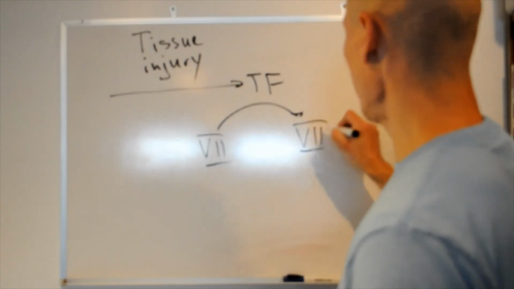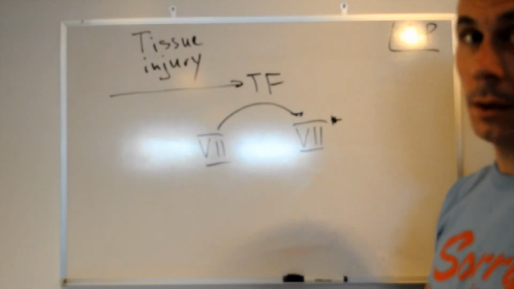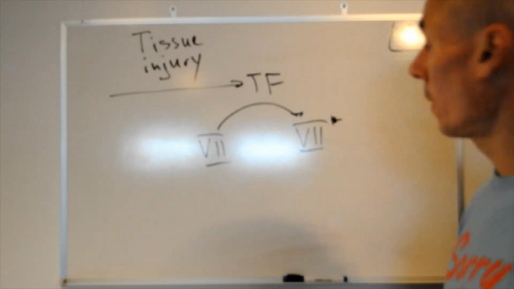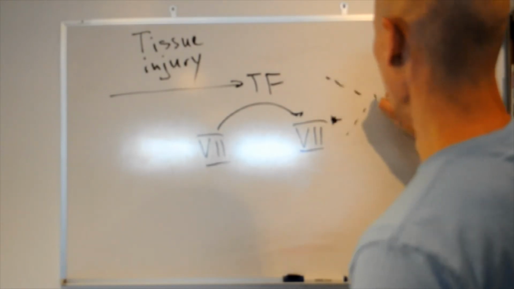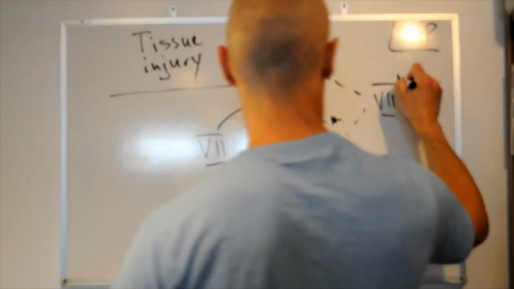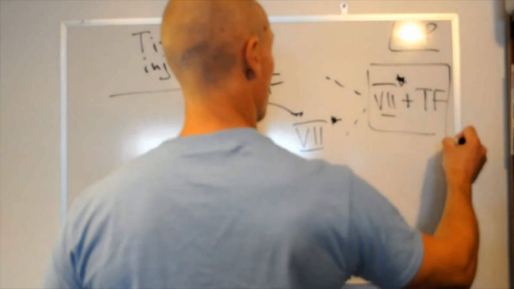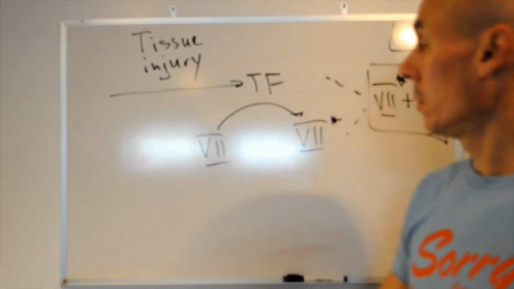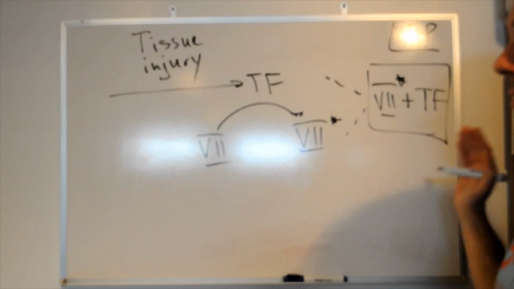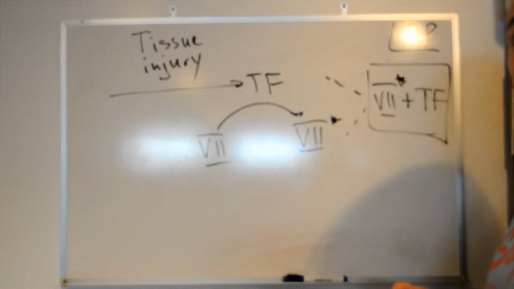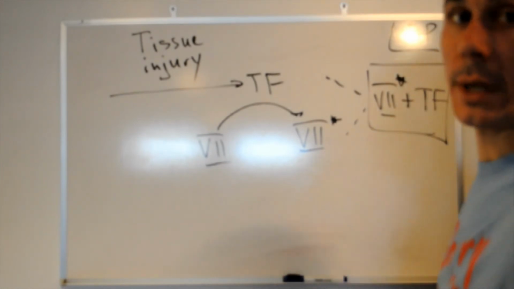So factor 7, as you remember, is essential for the activation of factor 9 in the intrinsic pathway, and it also forms a complex with the tissue factor. And this complex right here is crucial for the initiation of the common cascade, which will be a topic of our next segment.